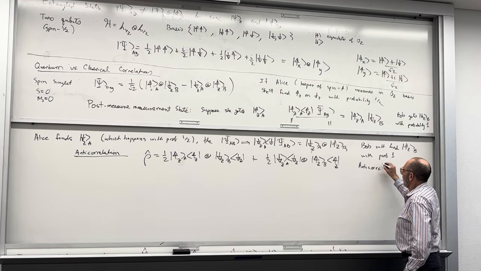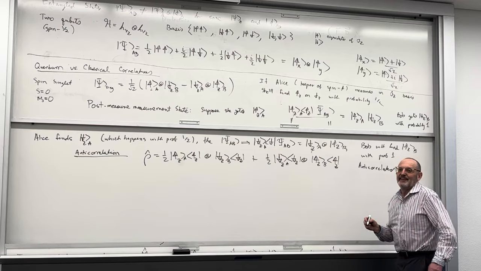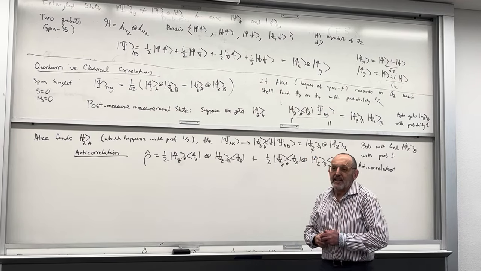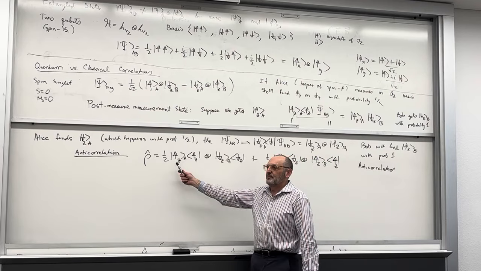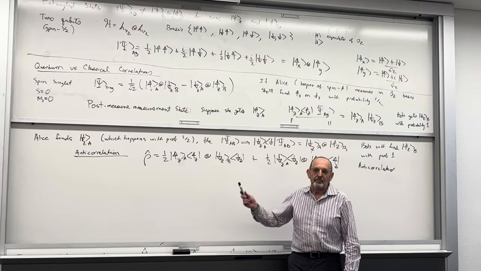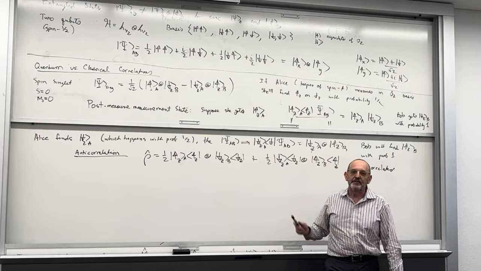They're anti-correlated, if you like. Alice and Bob's spins are anti-correlated. If Alice measures spin up along Z, Bob will find spin down, and vice versa.